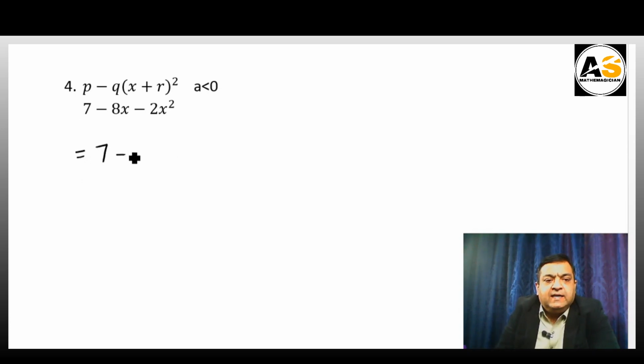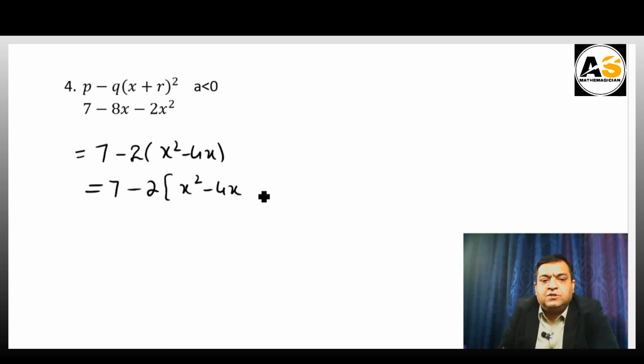We will take the coefficient of x common in the last 2 terms and now complete the square within the bracket. This will give us x square minus 4x, minus 4's half is minus 2. Its square will be added and subtracted.